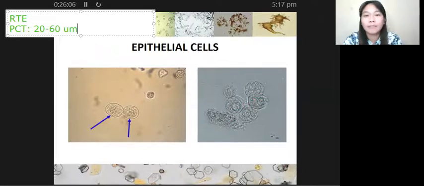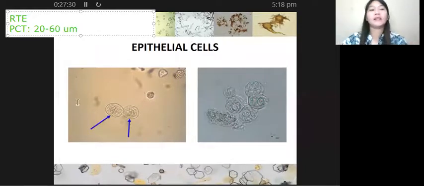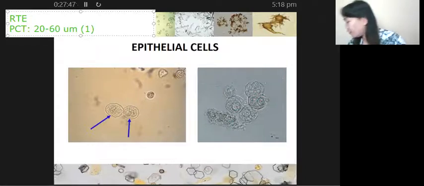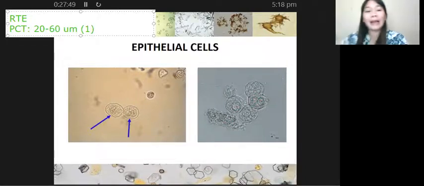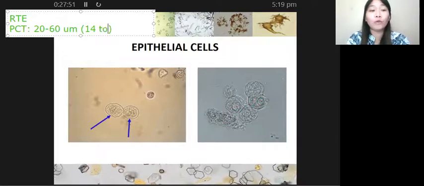So 20 to 60 micrometers in diameter. If you are reading the 23rd or 22nd edition of Henry, what is written there is 14 to 60 micrometers.